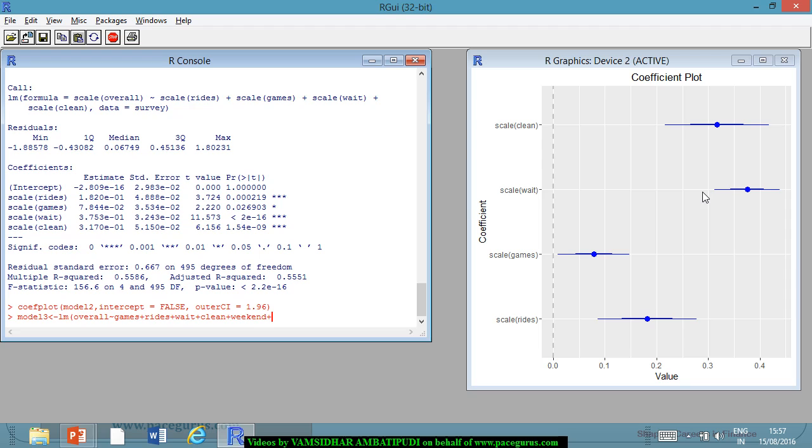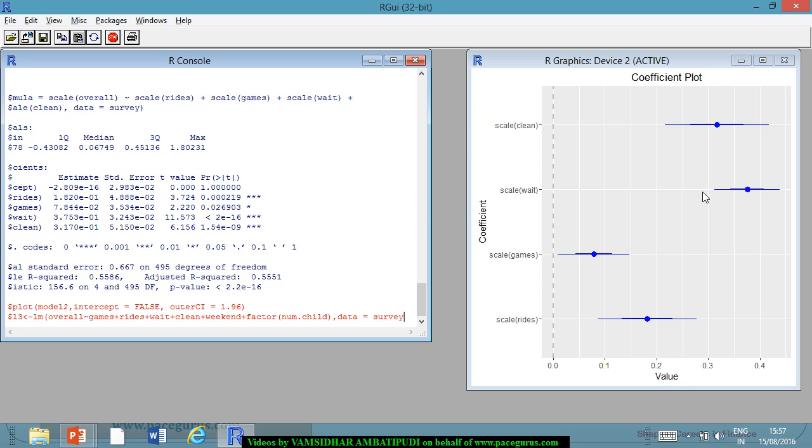So I'll have it as a factor. That's where I'll put factor of num child, and this is where I'll set data equal to survey. So I am taking all these as my variables.